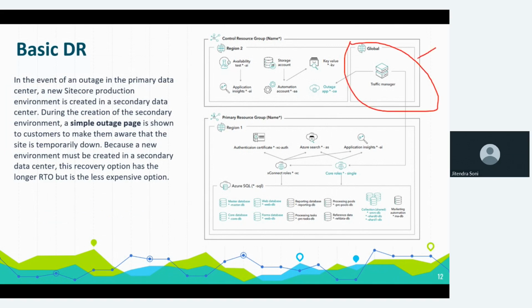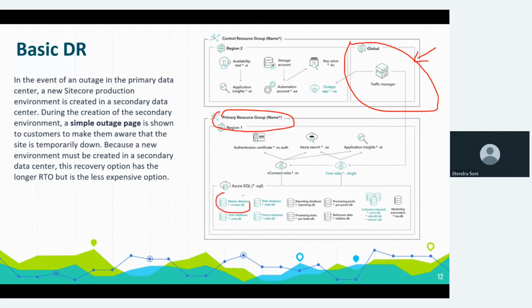So your traffic will be served from here in the basic DR, and this traffic manager is deployed as a global service, so it will always serve the traffic, and it will point to your one primary resource, right? It will point to CD instances, and then you will have a single SQL set of instances.